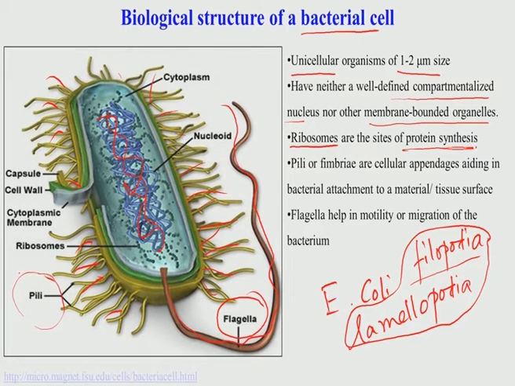So, pili and flagella help in bacterial attachment on a biomaterial substrate, and particularly flagella help in motility. Flagella is this longer tail like structure which you can see very clearly, that particularly helps in motility or migration of the bacteria.